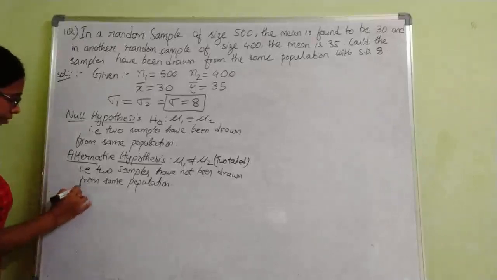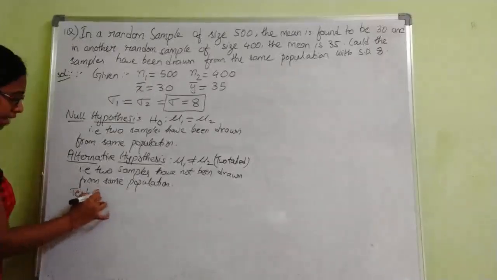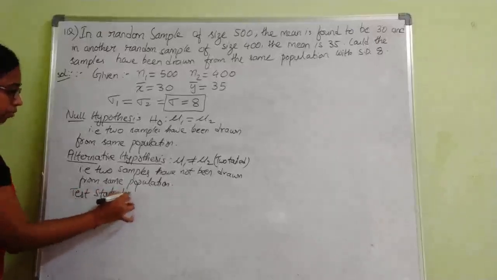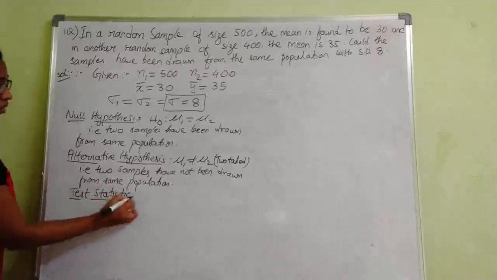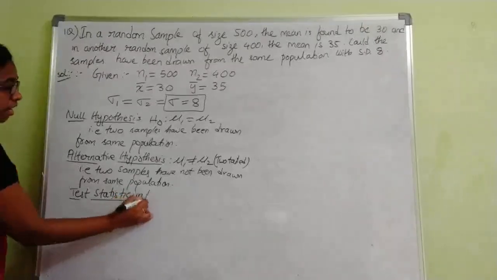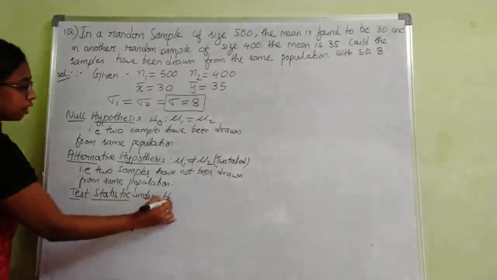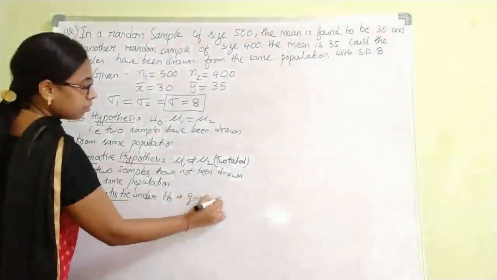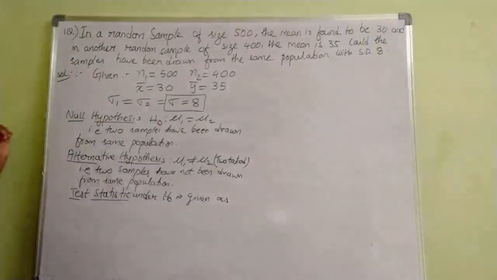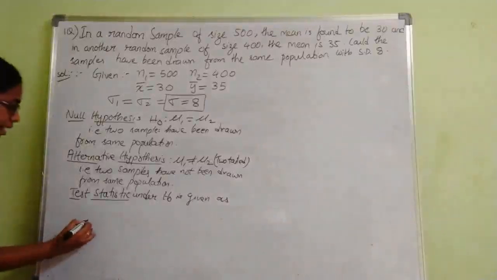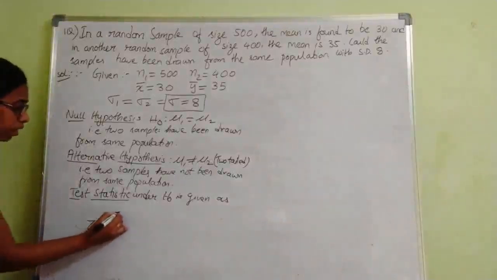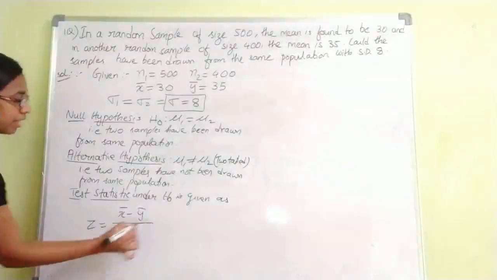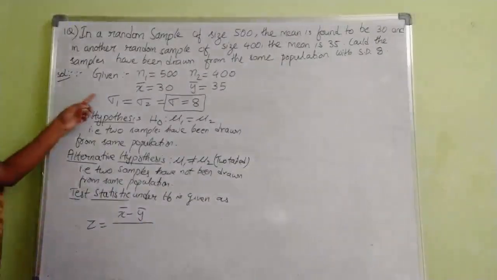Next, after that, we will be writing the test statistic. So the test statistic under H naught is given as, so what is the test statistic? Z equals x bar minus y bar divided by, so which case is it?